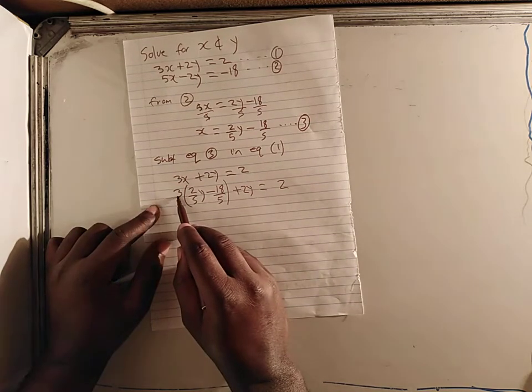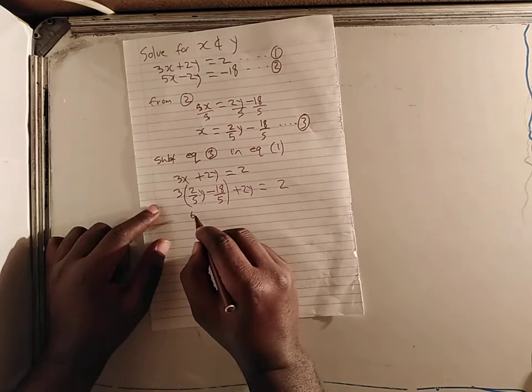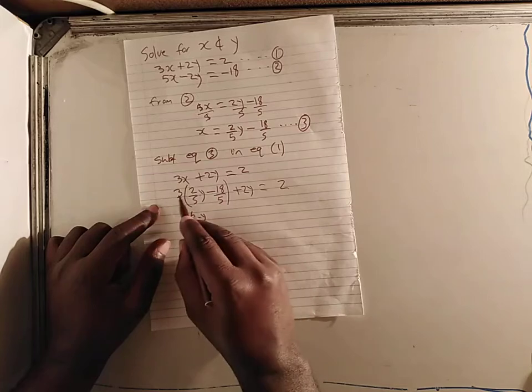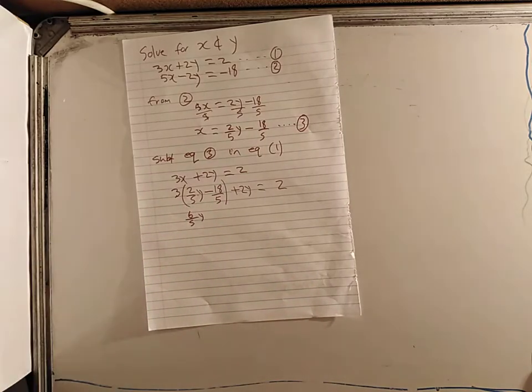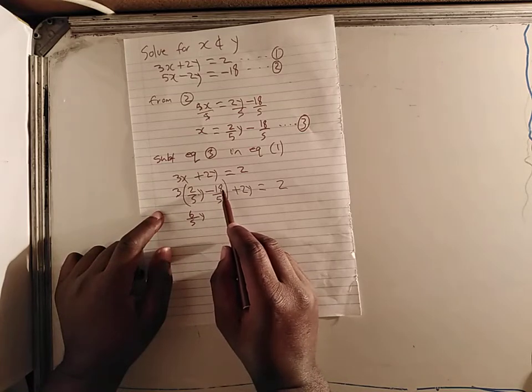If I multiply this with this one, I'm going to get 6 over 5y, and then this with this, 3 times 18. What is 3 times 18? Let's add 2 here and make it 20.